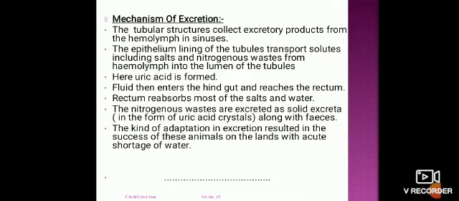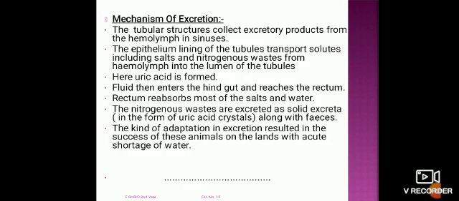The mechanism of excretion. The tubular structure collects excretory products from the hemolymph in the sinuses, and the epithelium lining of the tubule transports the solutes, including salts and nitrogenous waste, from the hemolymph into the lumen of the tubule. Here the metabolic waste is uric acid, and the fluid that enters the hindgut reaches the rectum.